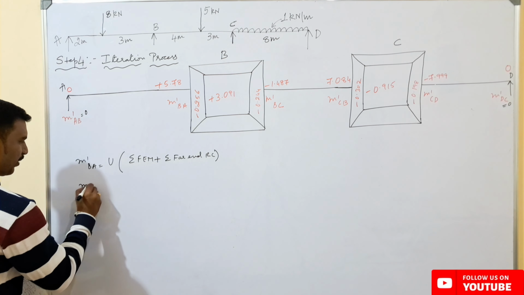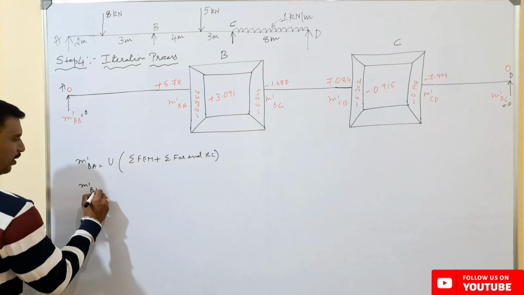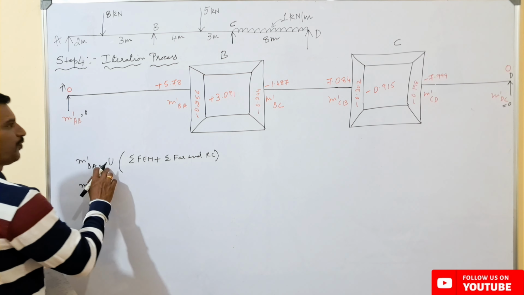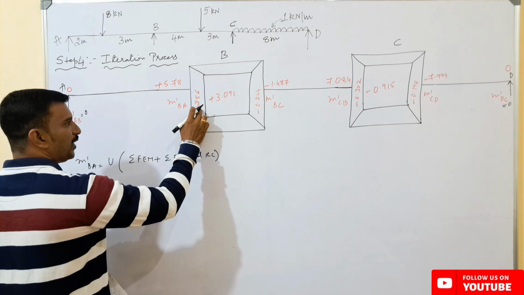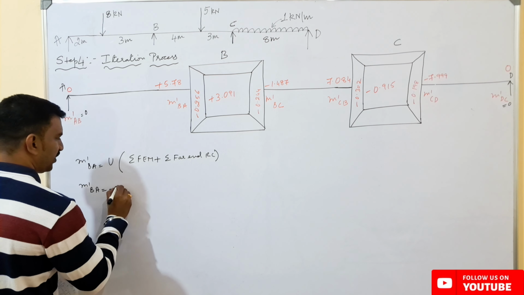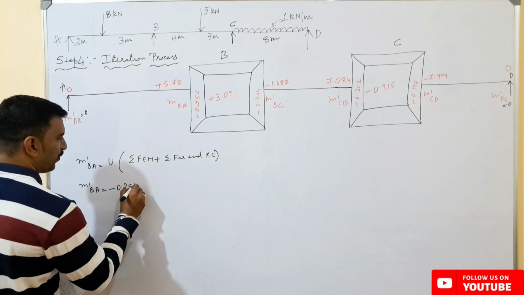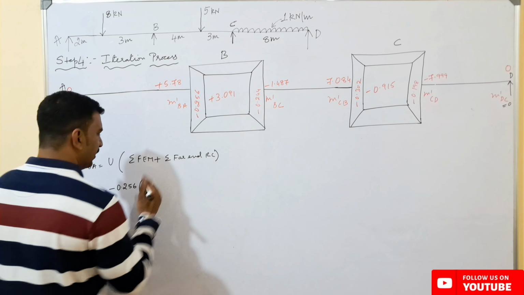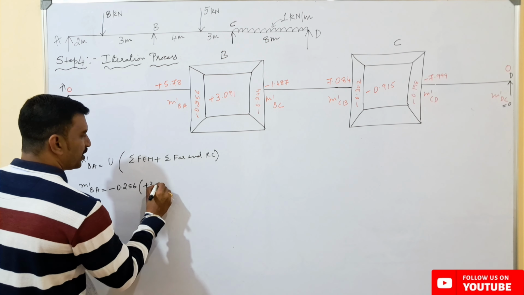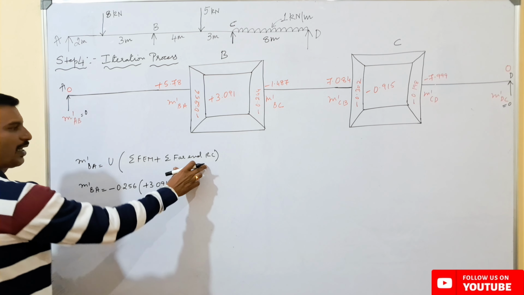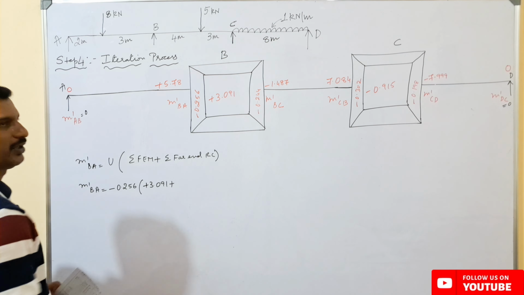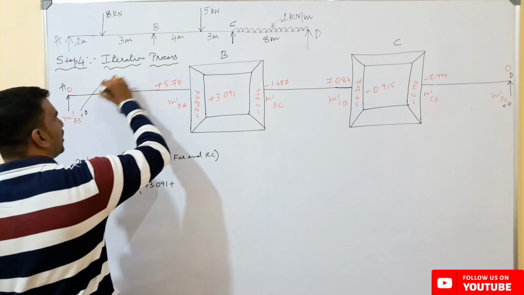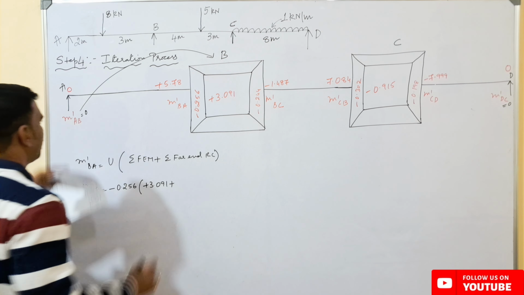So now if I consider moment about M dash BA to find out the rotation contribution, I know the value of U here, I have to consider this value here, which is minus 0.256 into summation of fixed end moment we have calculated here, which is plus 3.091 plus far end rotation contributions. See here for point B, the far end rotation contribution here is M dash AB.